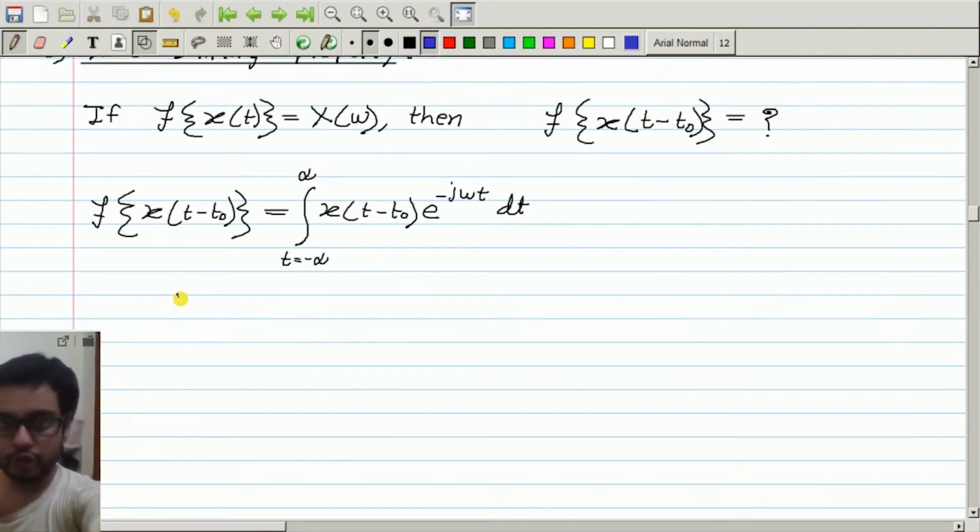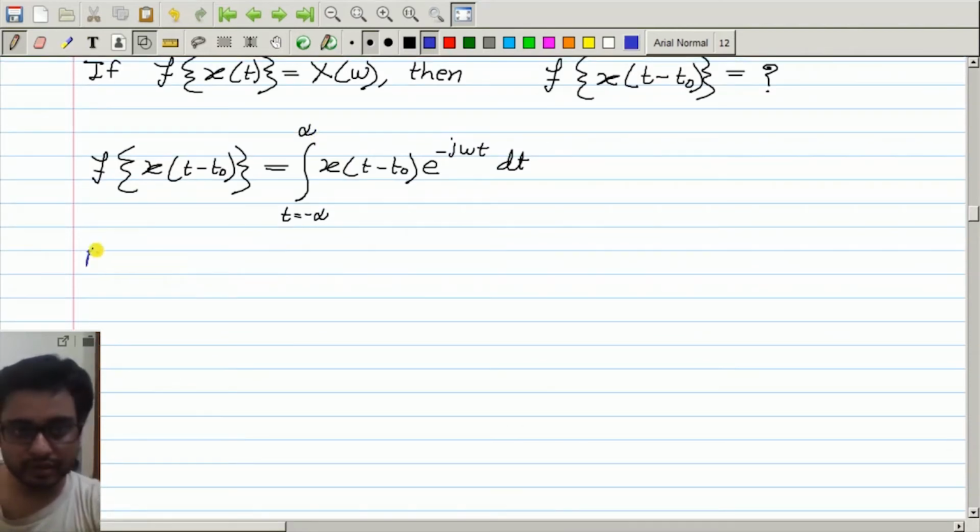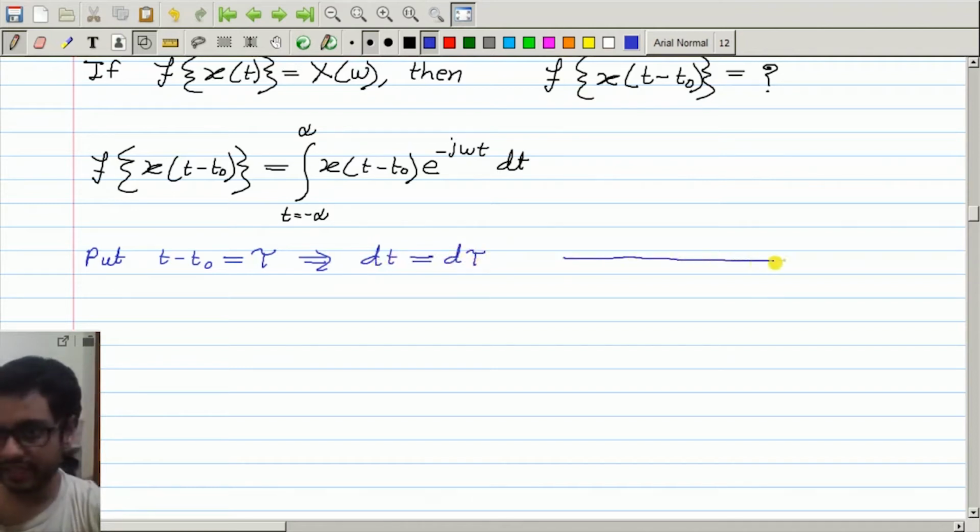Now, if you substitute t minus t naught with say tau, that means dt will be equal to d tau, and the limits, it was t from minus infinity to plus infinity, will become tau from minus infinity to plus infinity.